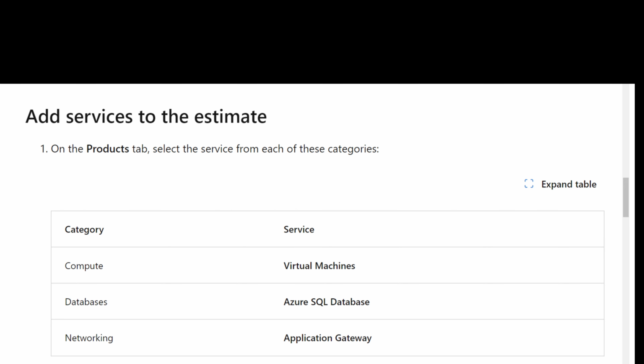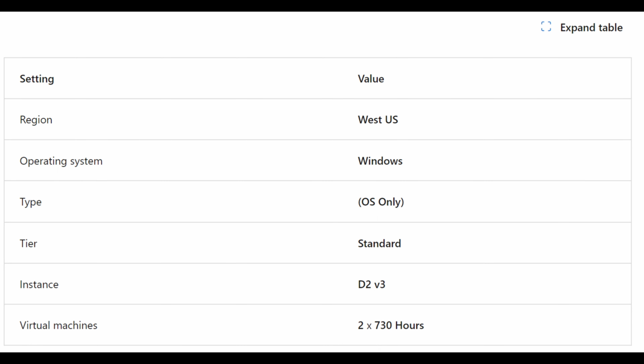And also you need to configure services to match your requirements. Let's suppose under virtual machine, we can see these values. We can configure region, operating system, type, tier, instance, and virtual machine, right? Because every configuration and selection will impact your cost.